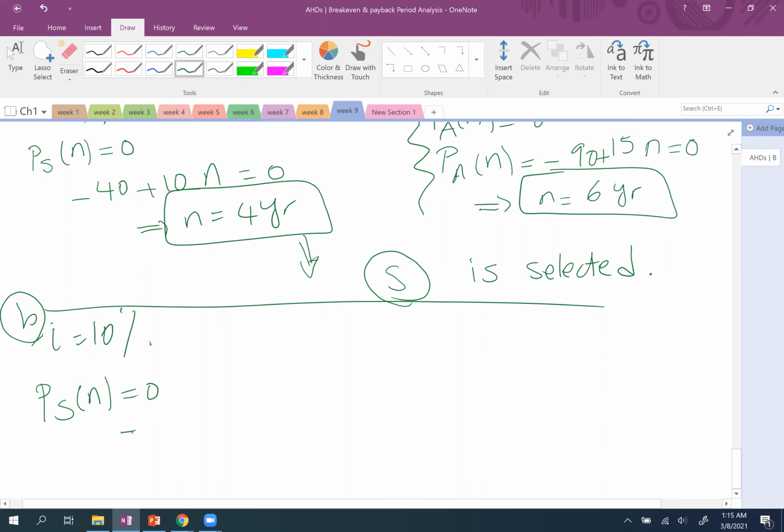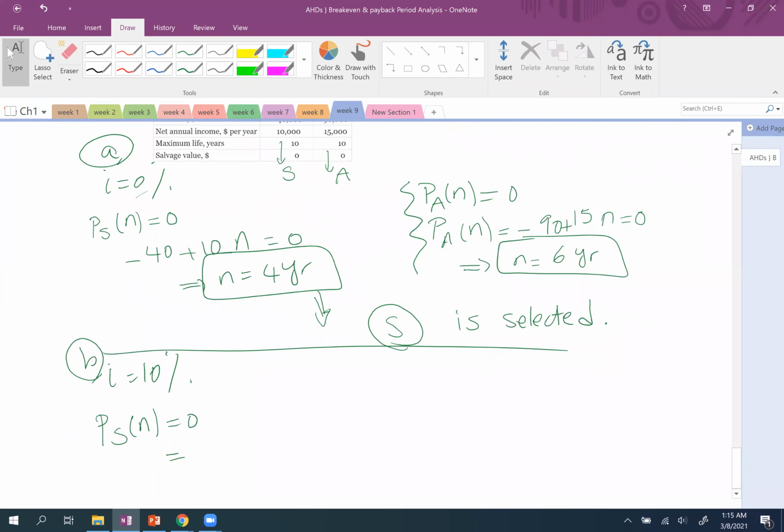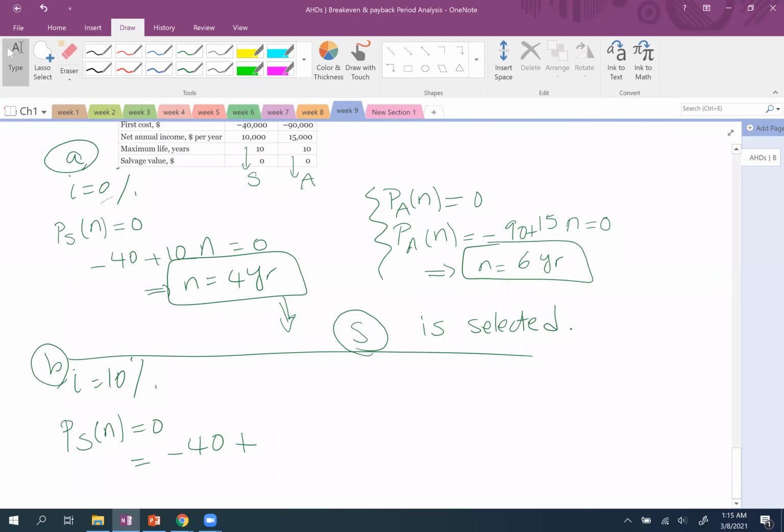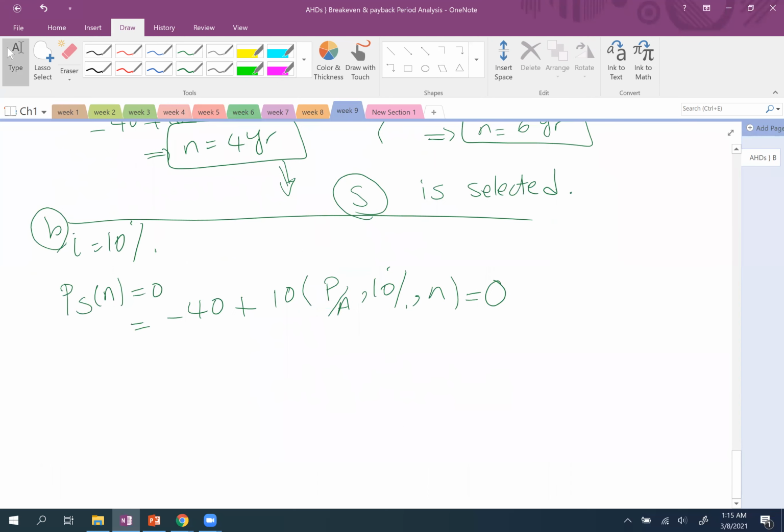So at time 0, I have negative 40 plus I have that 10. I want to find P given A, 10% and n, set equal to 0. P given A, 10% and n will be equal to 4.